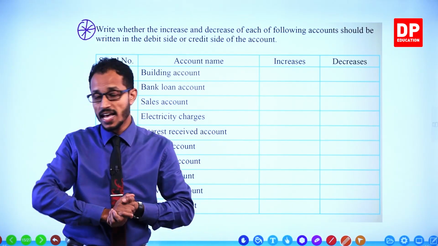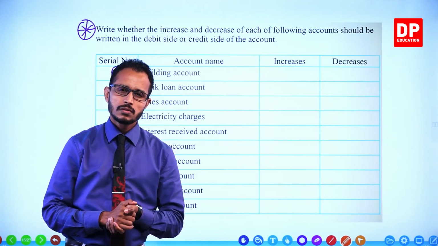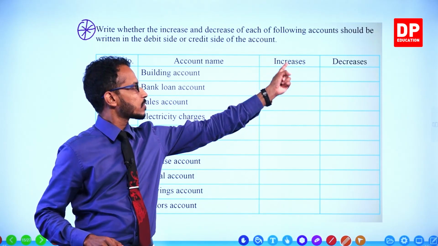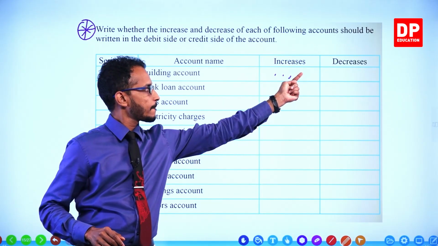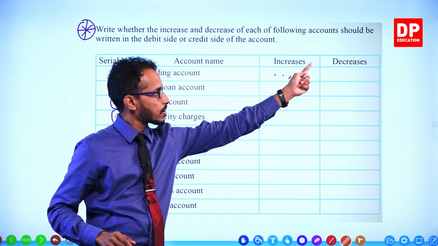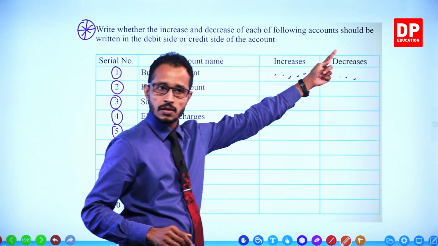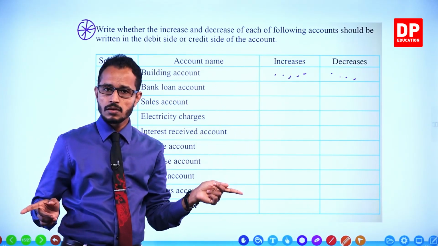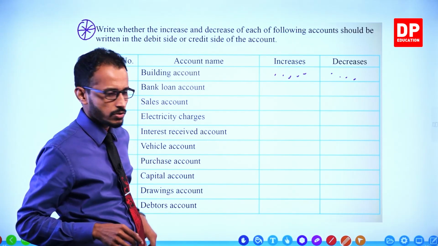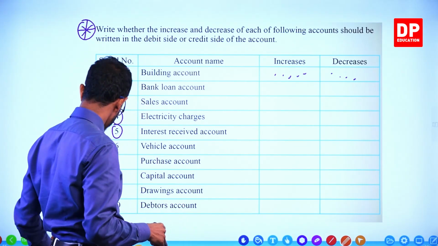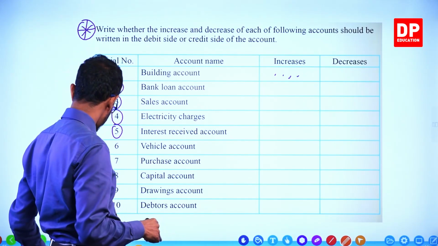So building asset has increased in the business. Should it be credited when increasing? Credit or what? And when decreasing, what? You should be able to figure it out. I'll help you with the very first few.